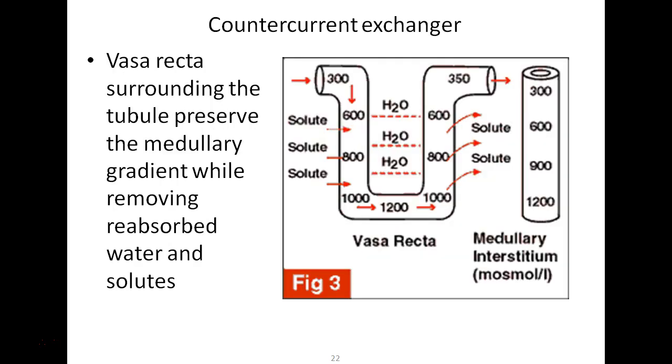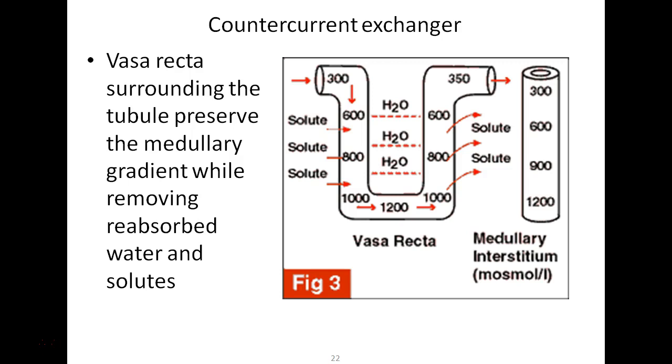And now we see that another way to influence the concentration of our urine is going to be the countercurrent exchanger. This is going to be a process where the vasa recta helps maintain the concentration gradient through an opposite directional blood flow within parallel capillaries, and we're also going to exchange salt and water in this system.